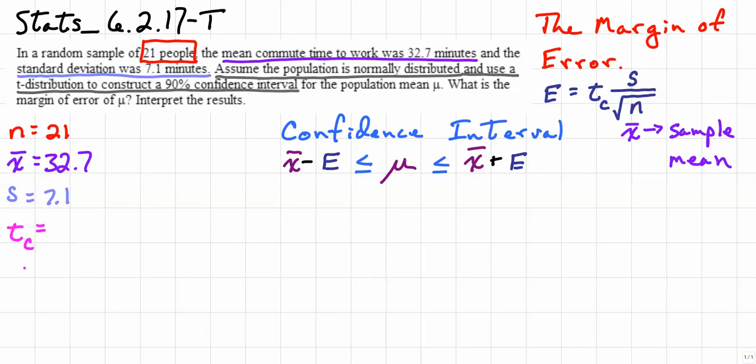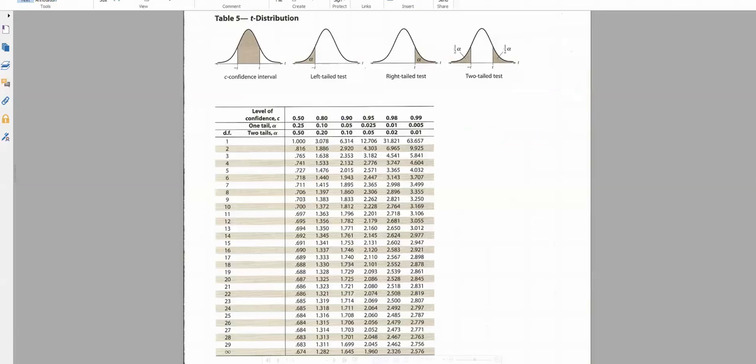In order to find t sub c, we need to know our degrees of freedom. The degrees of freedom, d.f., is equal to n minus 1. Since n is equal to 21, the degrees of freedom will be equal to 20. Then we need the t-distribution table. We look for degrees of freedom, this column, and come down to 20.